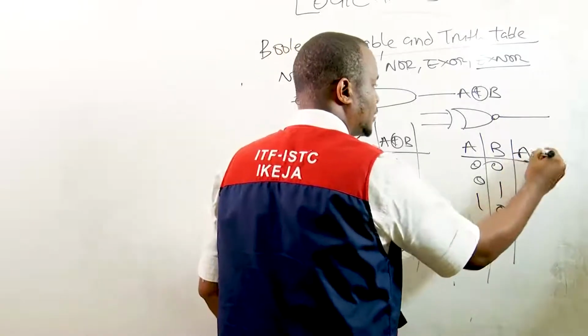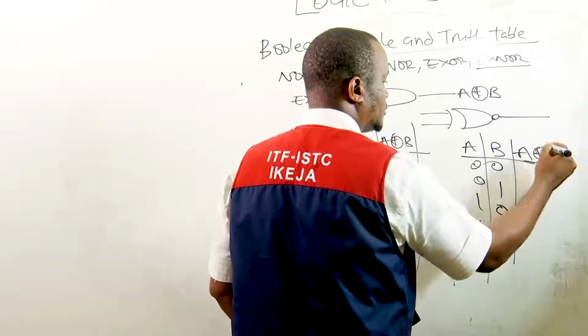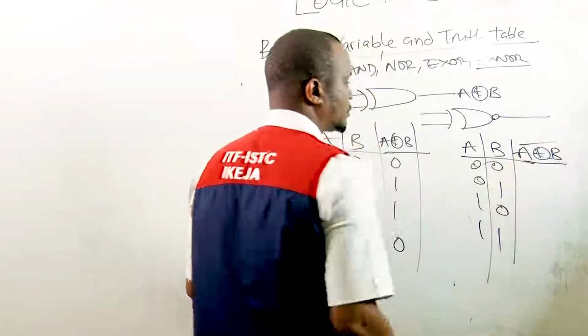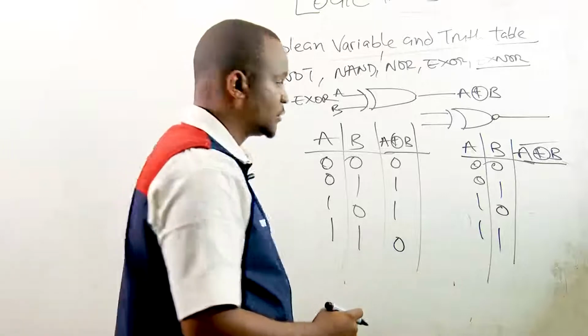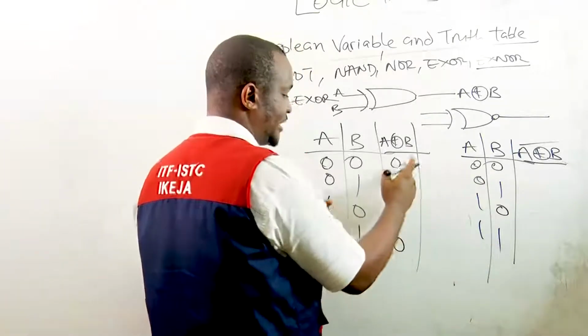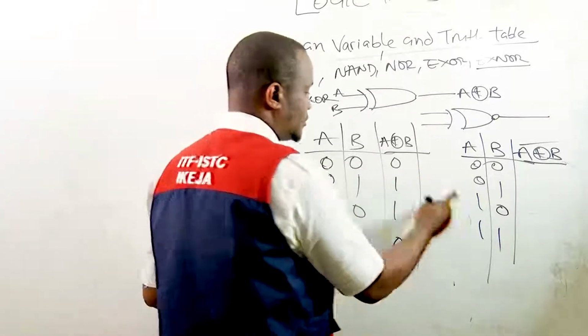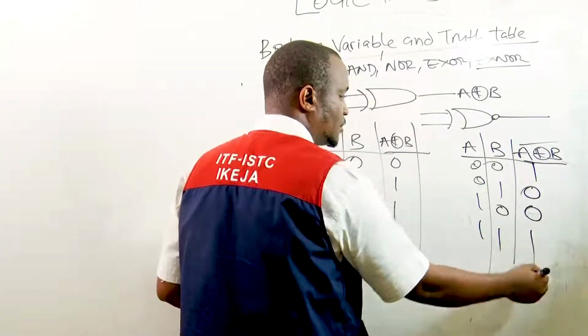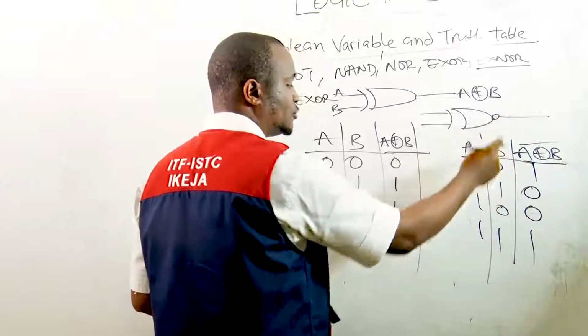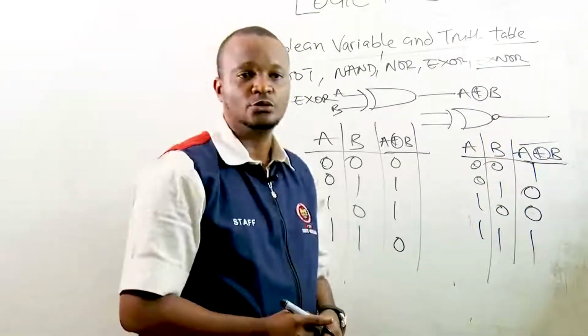So we have A, B. So it seems like the opposite of the other one. So which means just like inverting these answers. So 0 here you have 1, here you have 0, 0, 1. Remember, it has gone through the NOT. So that's the truth table for that.